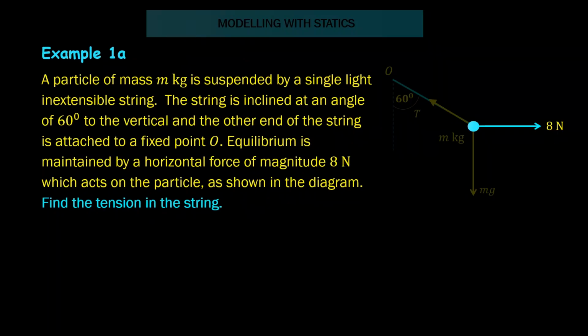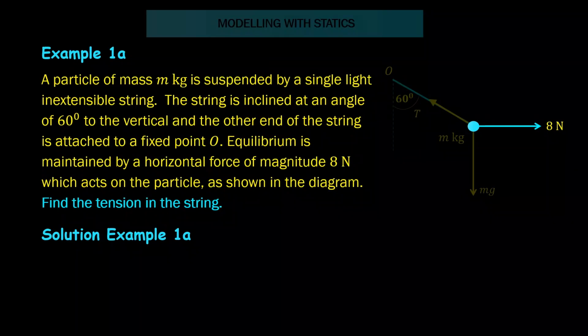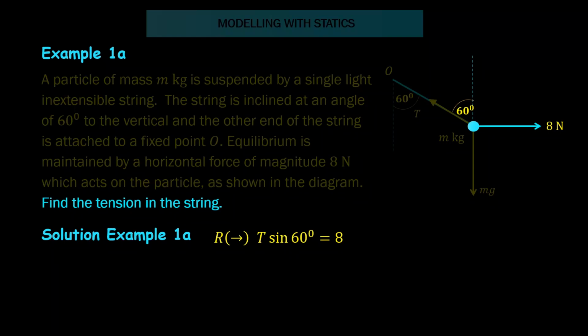Let's now have a go at part A and find the tension in the string. Resolving horizontally, we have T sine 60 degrees equals 8.